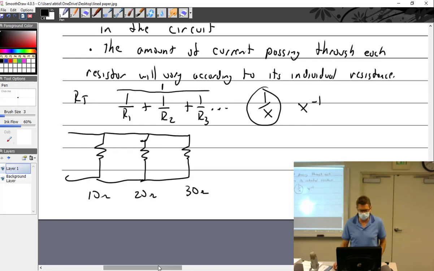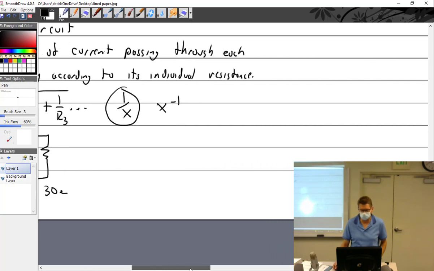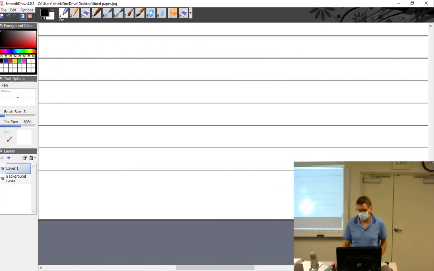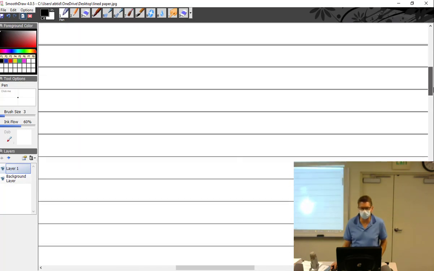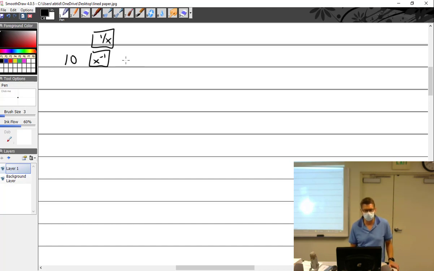So I got to move over and get some more real estate over here. And go back up. So we had 10, 20, and 30, right? So on my calculator, I'm going to hit 10, and then that key, whatever you happen to have, x minus 1 or the 1 over x key. Okay? Plus 20, x minus 1. I'll try and say it that way.